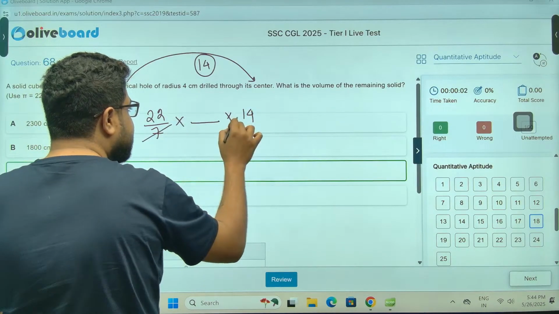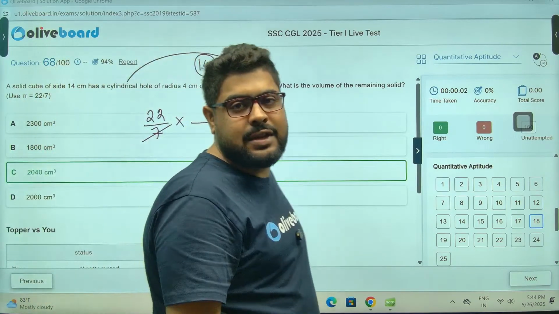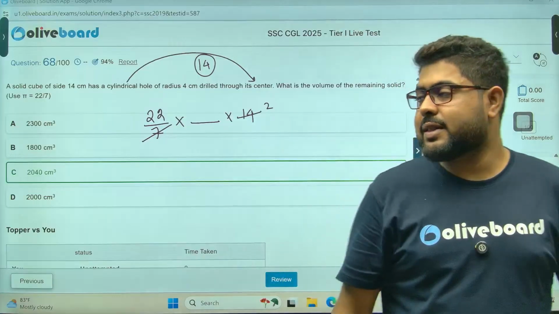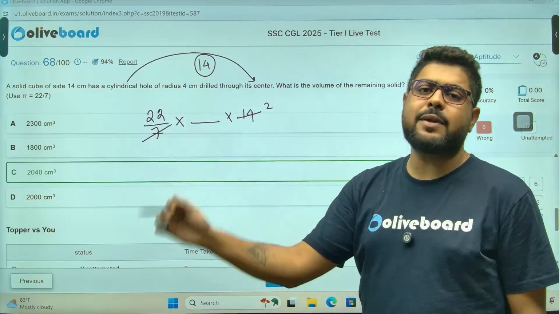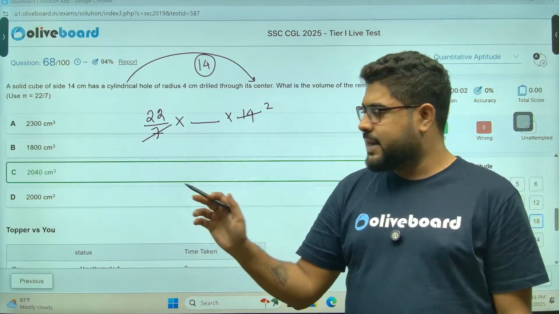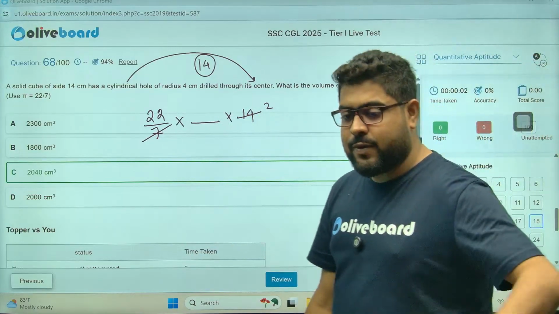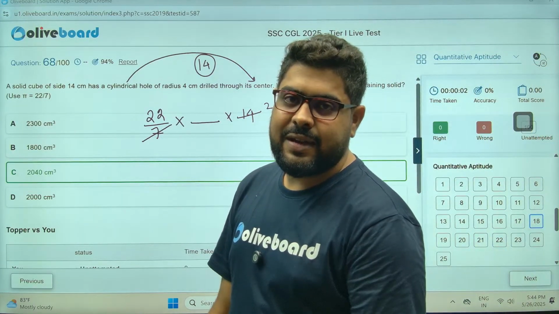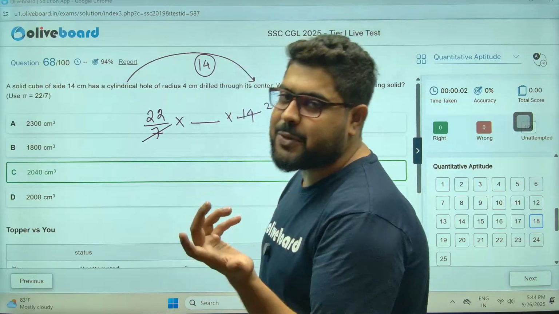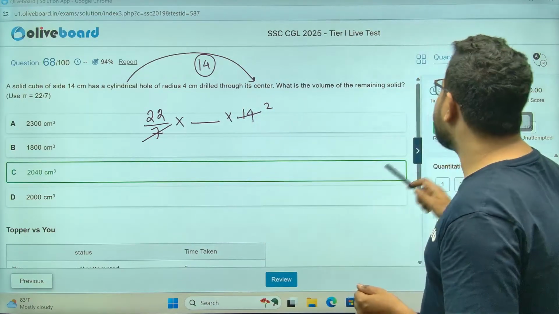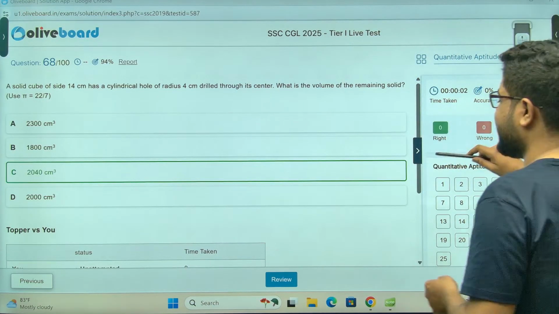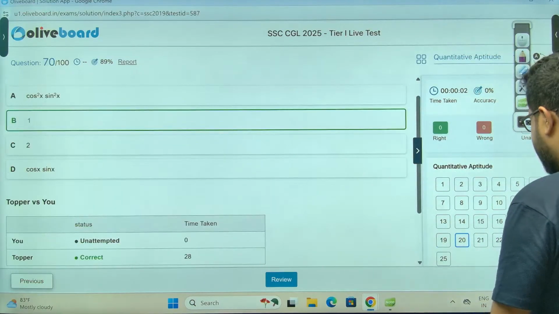So this 7 is getting cancelled, see. 7 is not there anymore. This itself is not a multiple of 7. So whenever there is division, you have to keep that in mind. You have to check whether it is getting divisible or not. If it gets cancelled, what will you do? Then it will not be a multiple. Clear, brother? I hope this is clear.